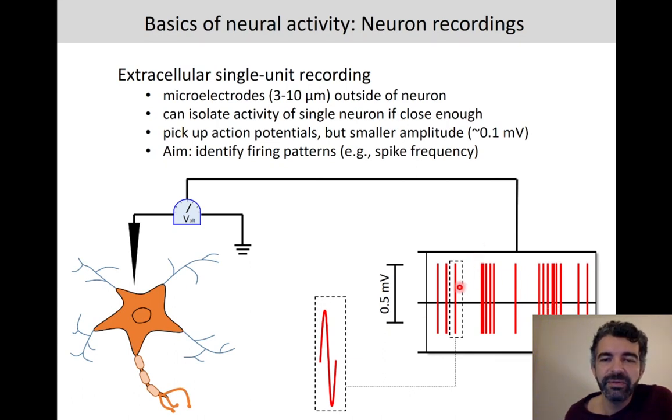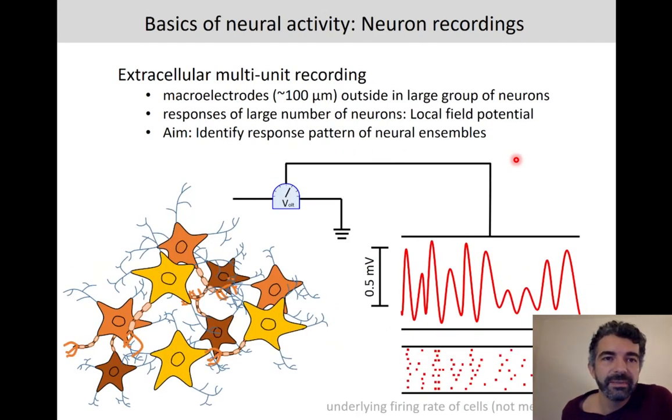So if you could zoom in, what you would see is something like this, the action potential. But what you end up seeing in the signal is really just these spikes. And this is often used in neuroscience to identify firing patterns. So for example, the spike frequency, if you want to compare different inputs to a cell.